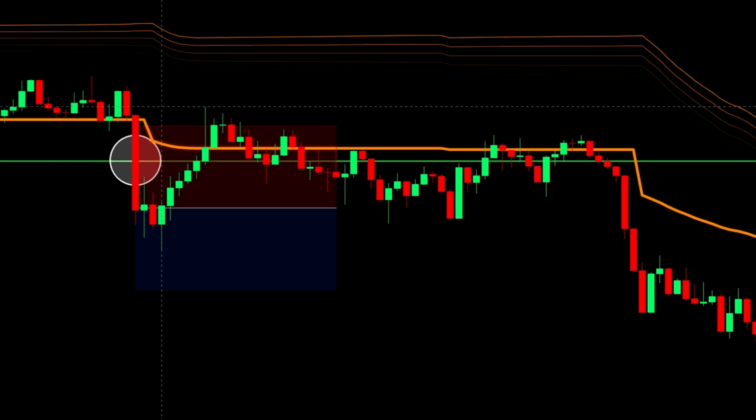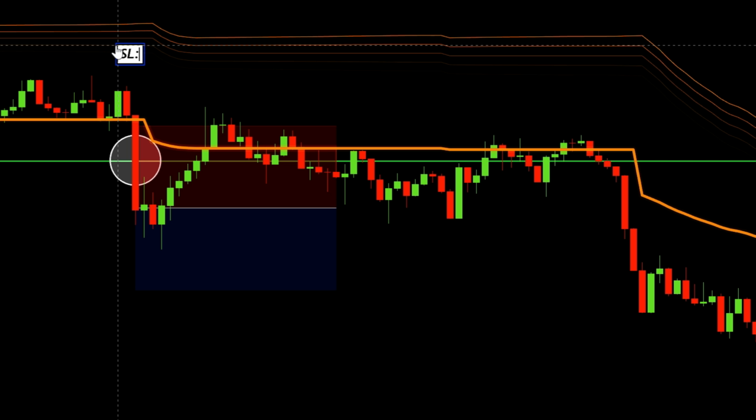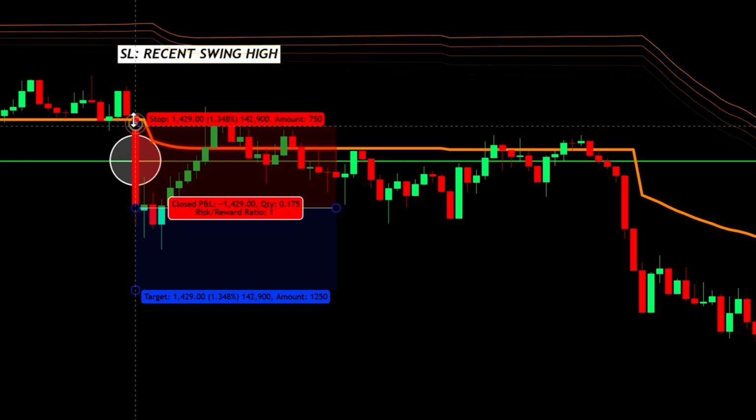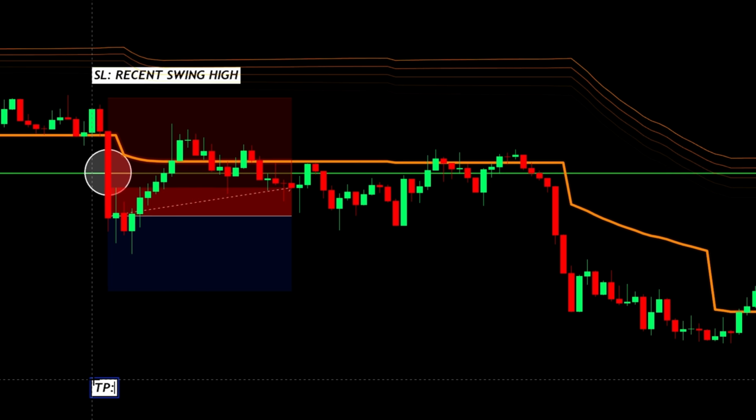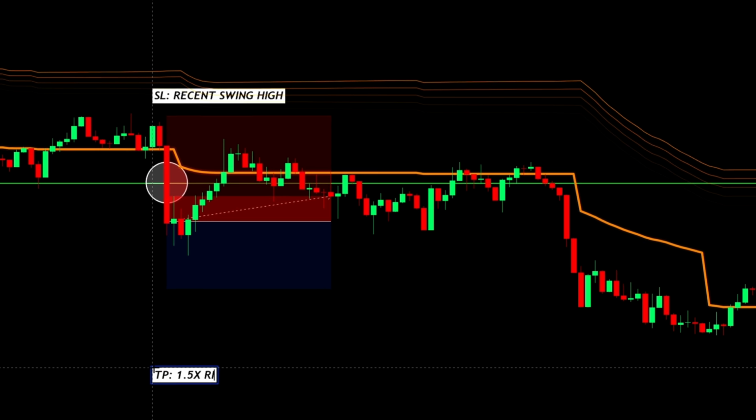For a stop loss, you can place it above the most recent swing high or simply above the upper band. For the target, aim for at least 1.5 times your risk.